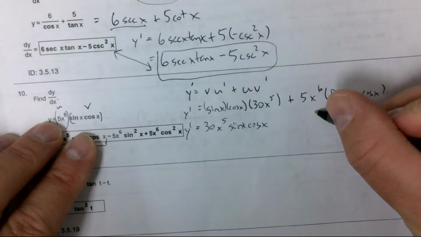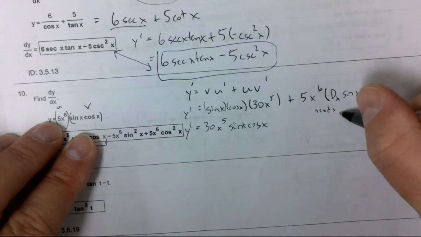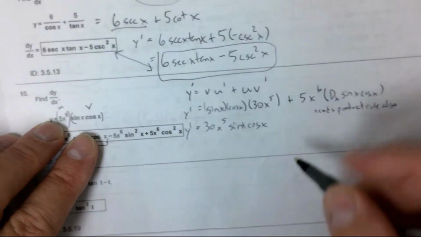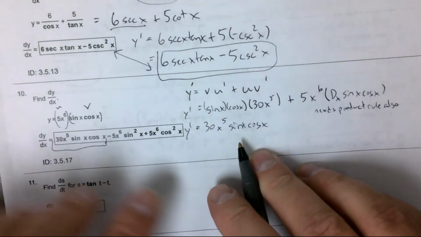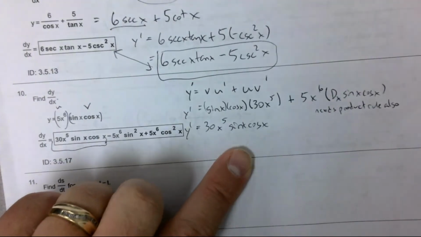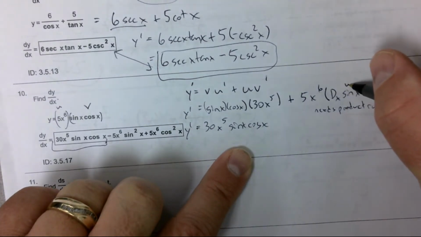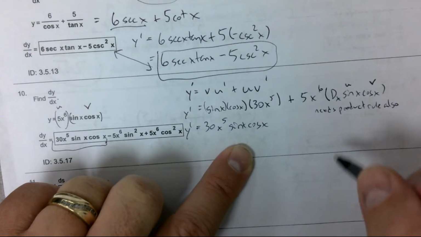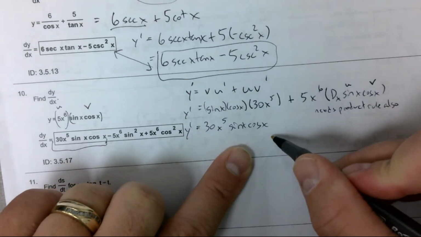This needs the product rule also. So the front part is done, and then for this, I'm going to call this part u and this part v. And I'm just going to put my 5x to the sixth in front of everything.